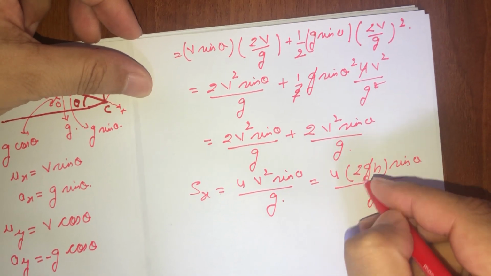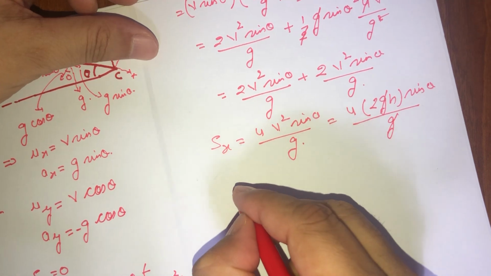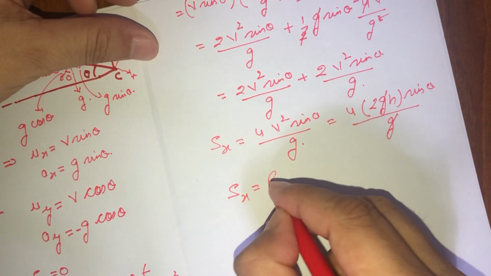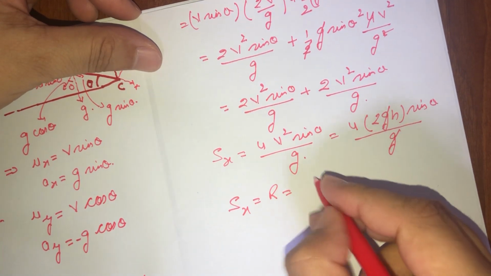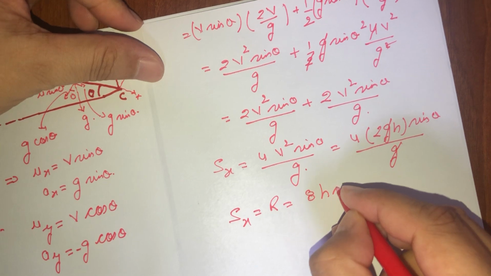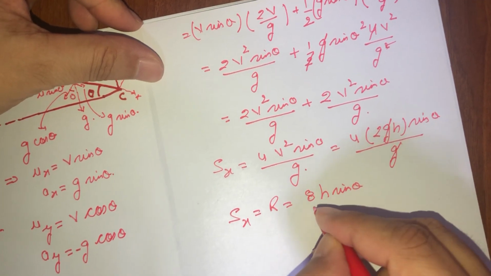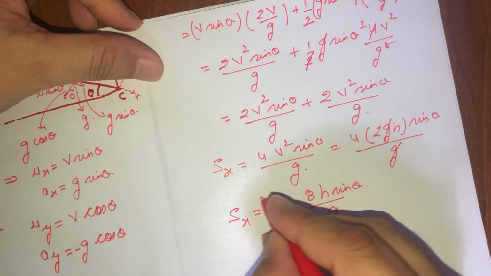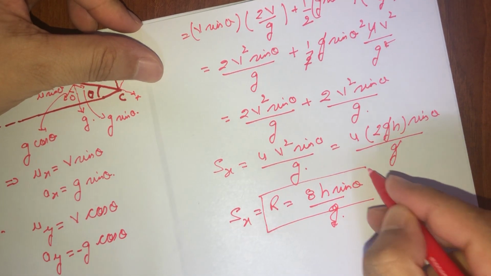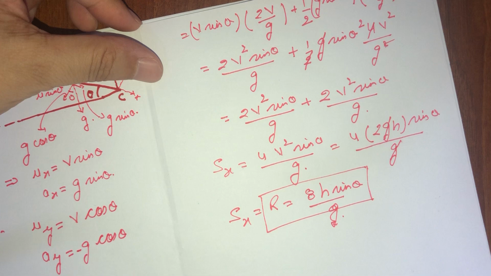G cancels out with g, so we get s of x, which will be nothing but the range, is equal to 8 h sine theta. Sorry, there will be no g. Final answer: 8 h sine of theta.